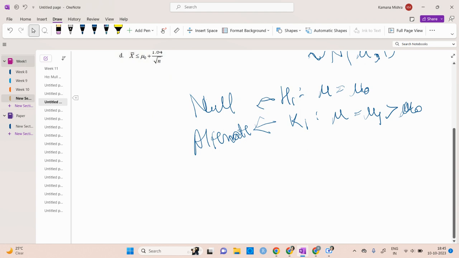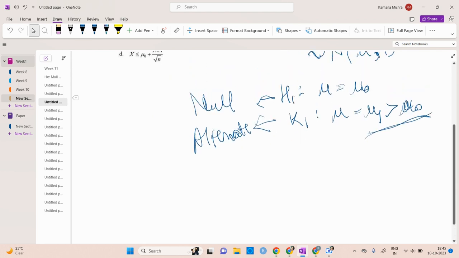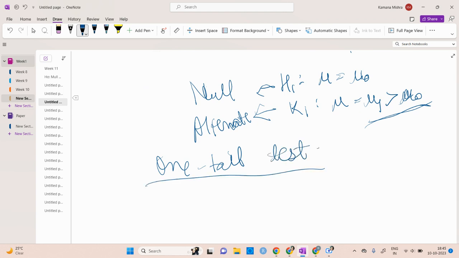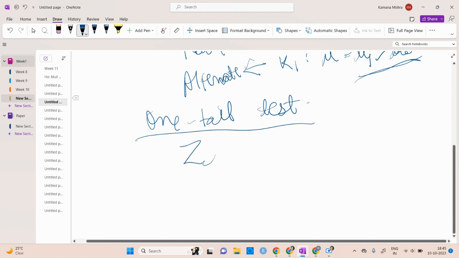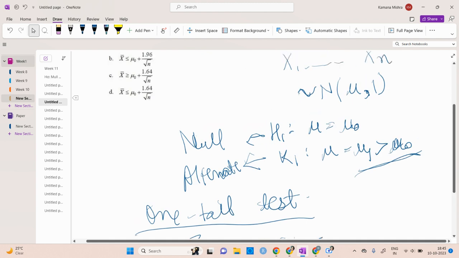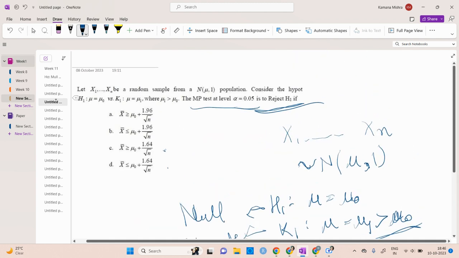We are not taking mu1 not equal to mu naught, right? So greater than mu naught means one tail test. When we are doing this one tail test, we take Z alpha equal to 1.645, because we take Z 0.05. If we take a two tail test, then we take Z alpha equal to 1.96.